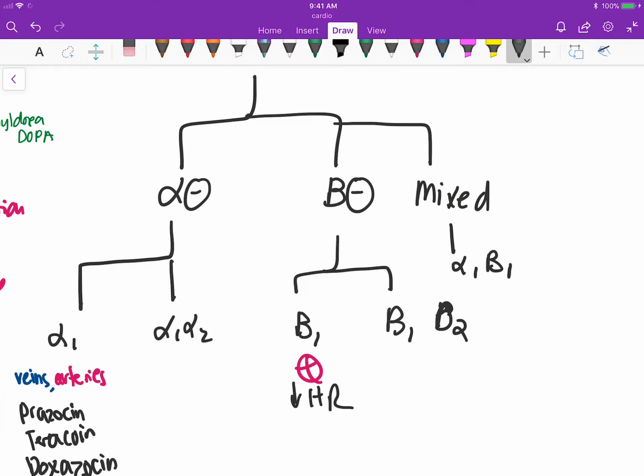And then you have alpha 1 and alpha 2 non-selective, so that's going to be phenoxybenzamine, also phentolamine.